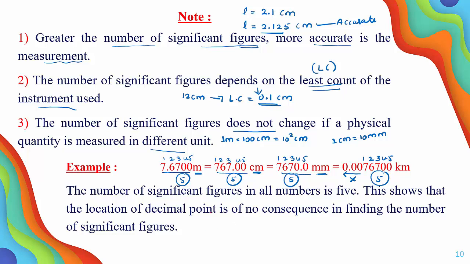Is it clear? The number of significant figures in all the numbers is 5. This shows that the location of the decimal point is of no consequence in finding the number of significant figures. That means wherever the decimal point may be, we are not going to consider it in significant figures.